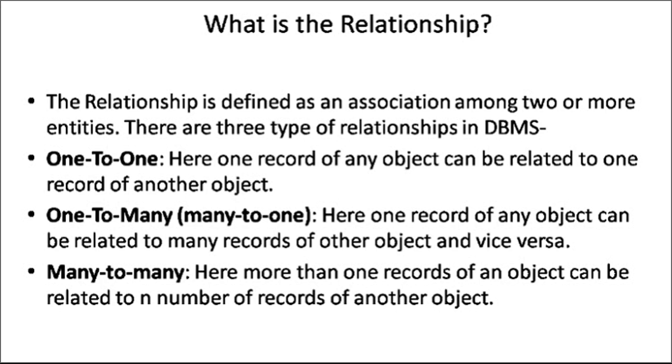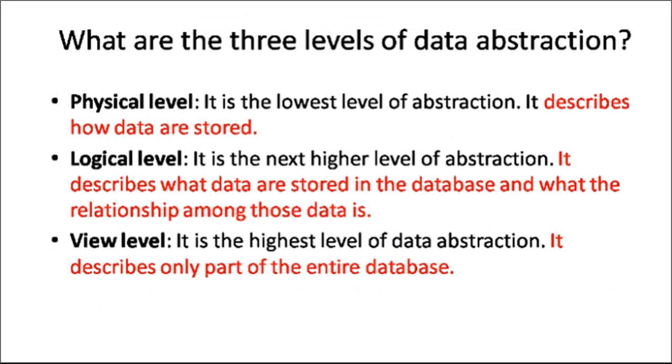One-to-many, or many-to-one: here, one record of any object can be related to many records of another object and vice versa. Many-to-many: here, more than one record of an object can be related to an n number of records of another object.